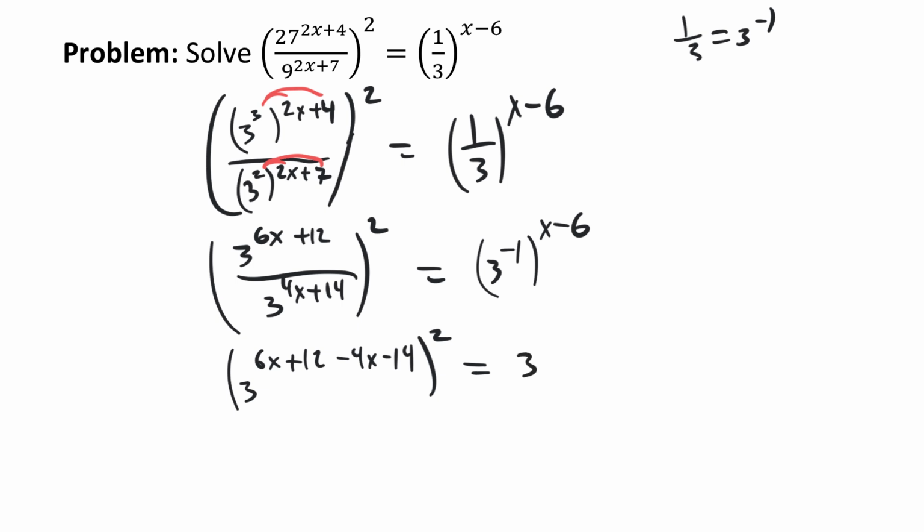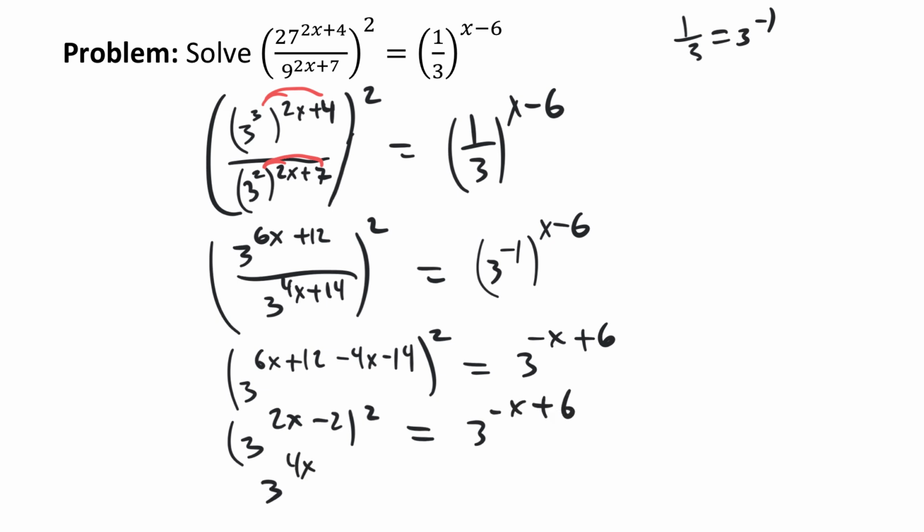Power to a power will multiply, so negative x, negative makes a plus 6. Maybe I'll clean up the exponents in here. 6x minus 4x is 2x. Negative 2 squared. Okay, multiply again. 2 times 2 is 4, so 4x minus 4.